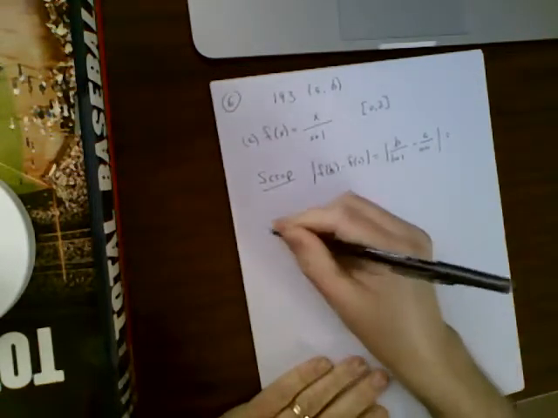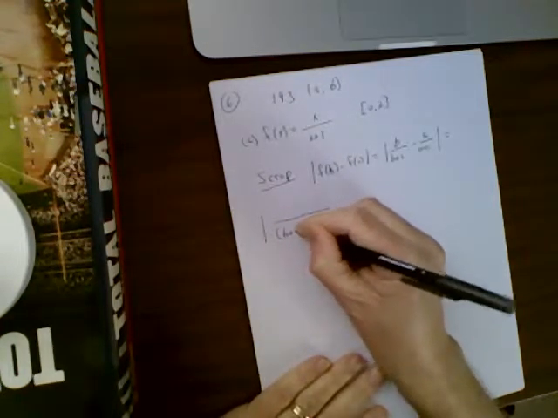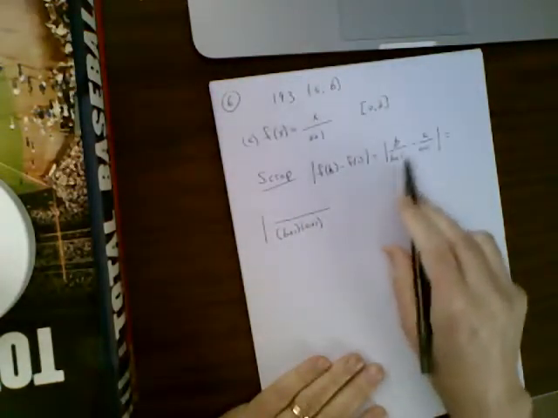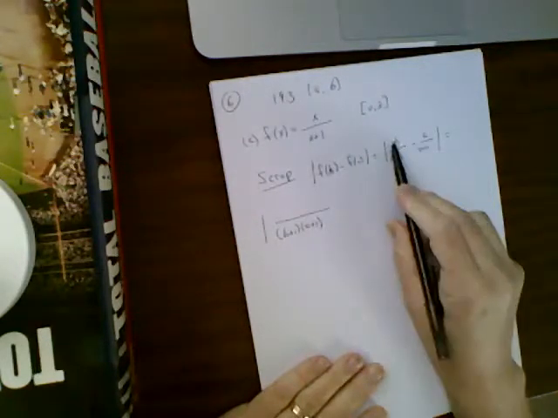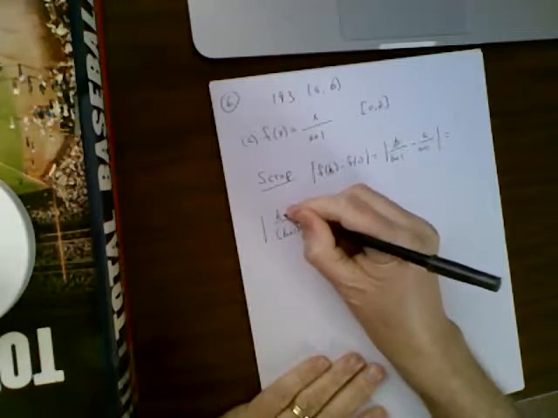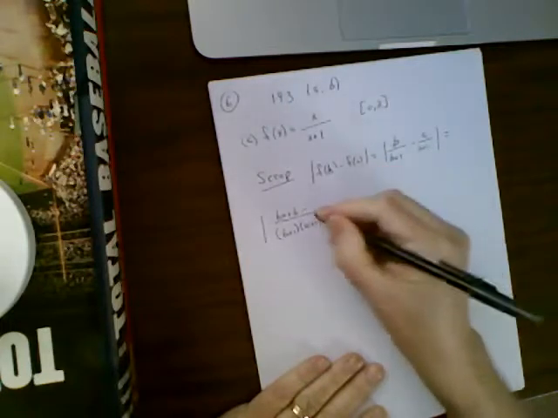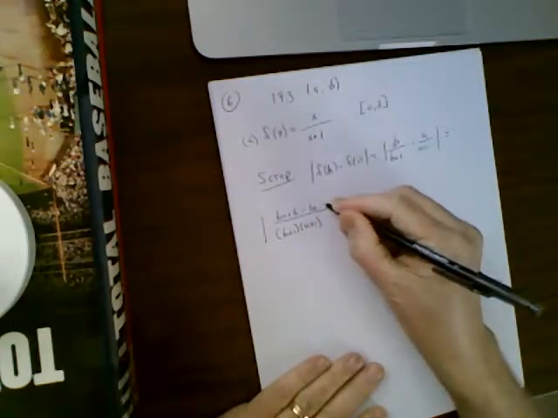Let's do some algebra. Common denominator, b plus 1 times a plus 1. When we combine this and look at the new numerator, this would be b times a plus 1, so ba plus b. B plus 1 times a, and we're subtracting, so that's minus ba minus a.